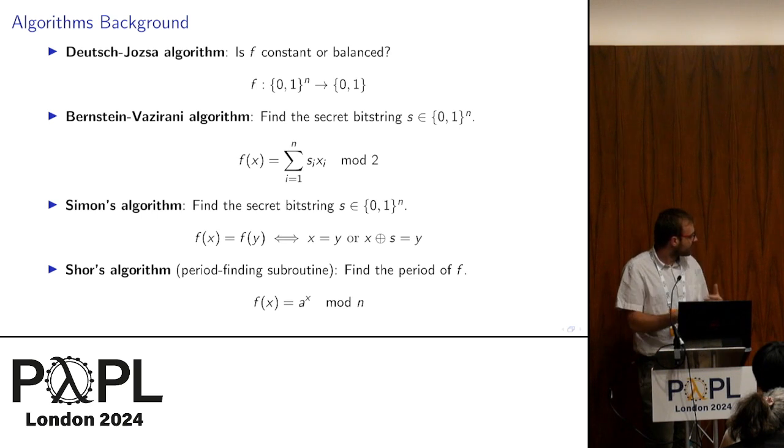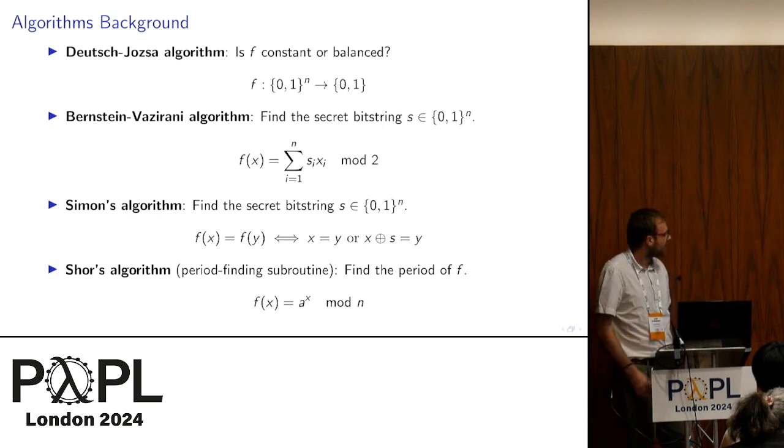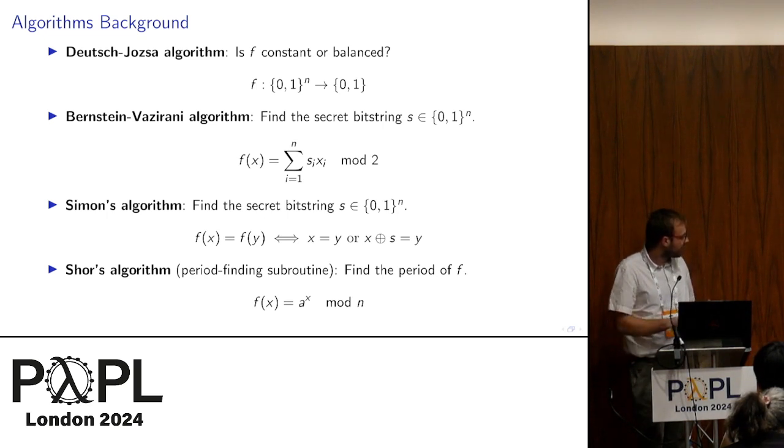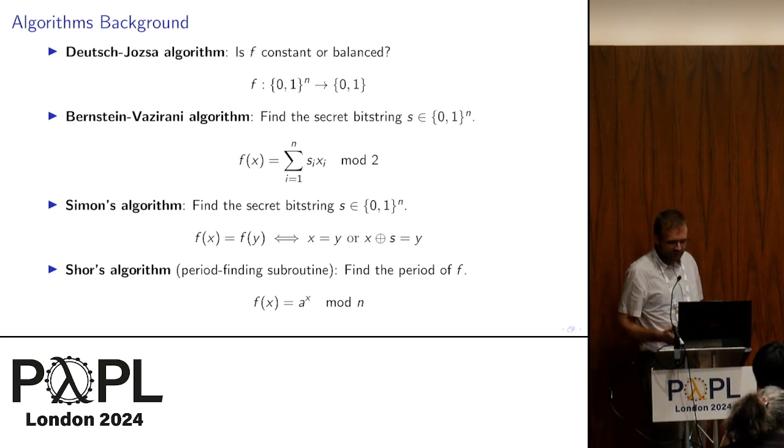And they all share this property where you're querying some property of an oracle function. So for Deutsch-Jozsa, you're querying whether the function is constant or balanced. For Bernstein-Vazirani, you are finding the secret bit string where the oracle function is this dot product that we had before. And then for Simon's algorithm and Shor's algorithm, you're finding some kind of period of the oracle function.